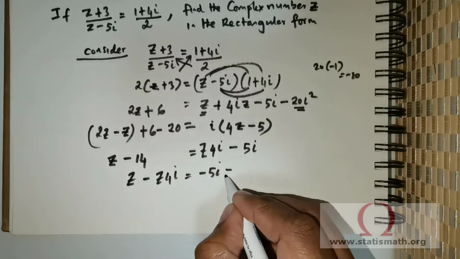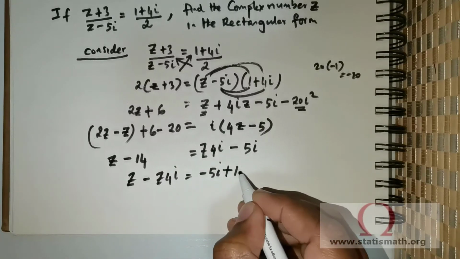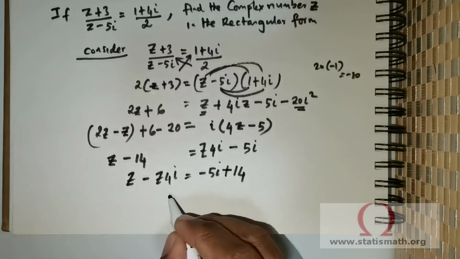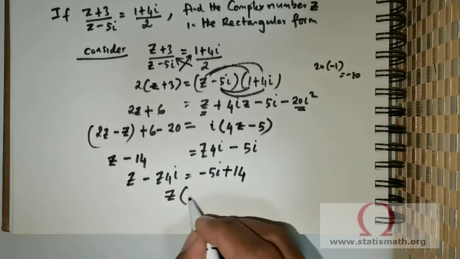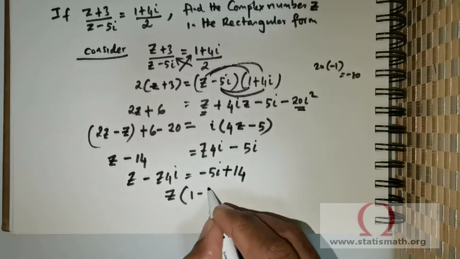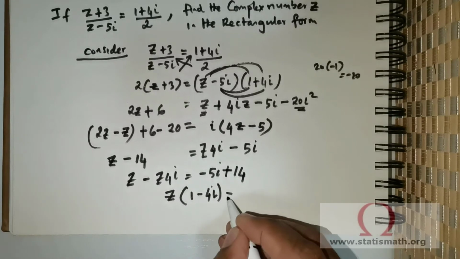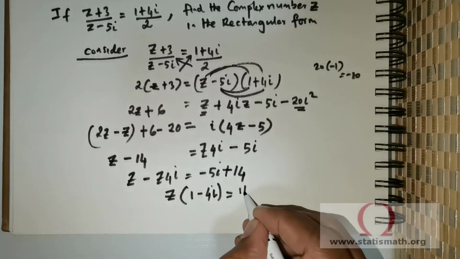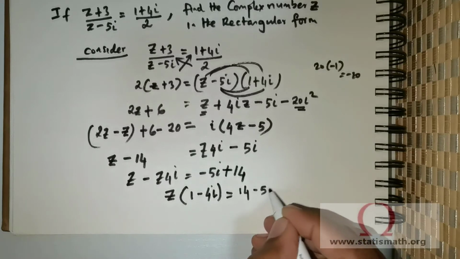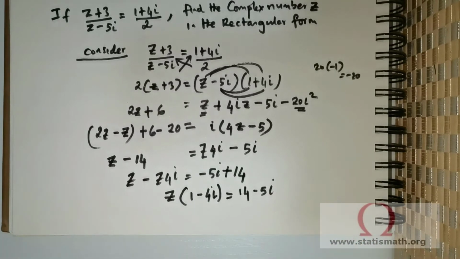Let me move -14 to this side, it gives me positive 14. If I were to take z out, it's going to be z(1 - 4i) is equal to 14 - 5i. This is what I'm getting.